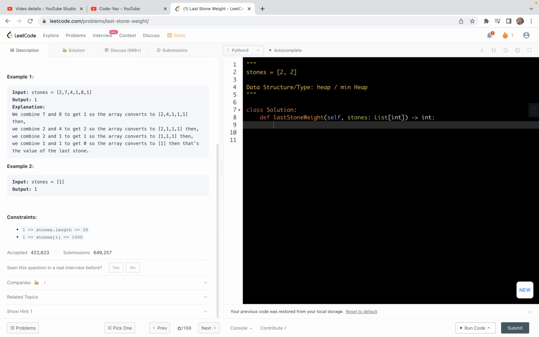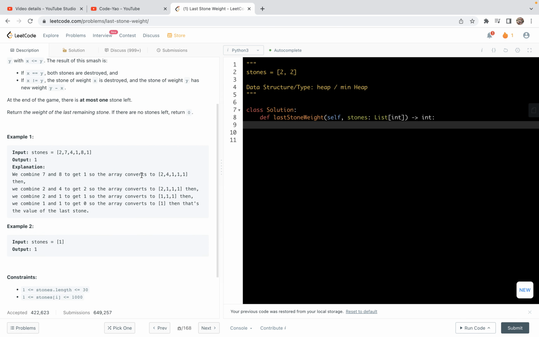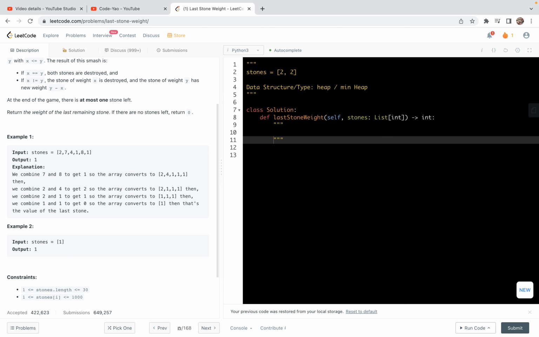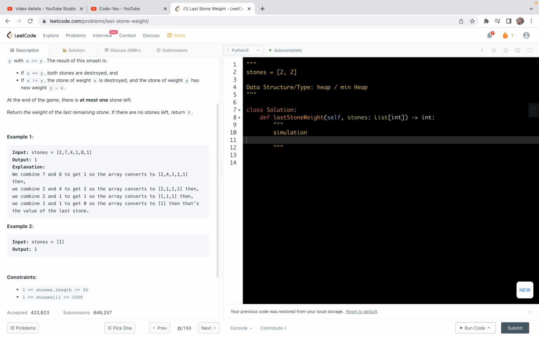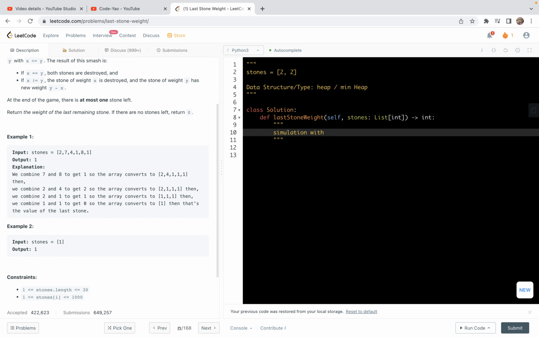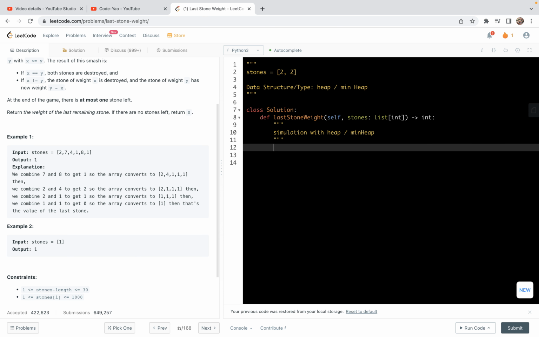So here I'm demonstrating one way just to digest the process. Essentially it's a simulation idea, so let's use a simulation with heap. Specifically I'm using min heap. First I'm going to get the negative stones.